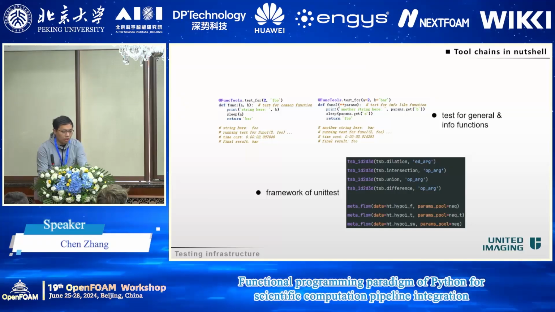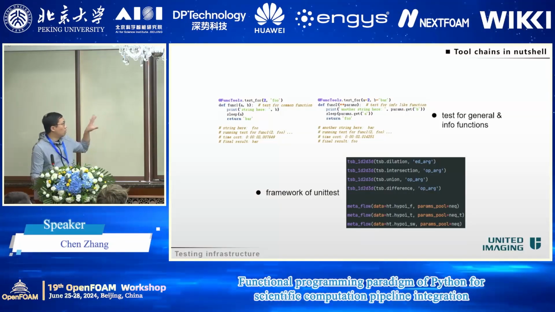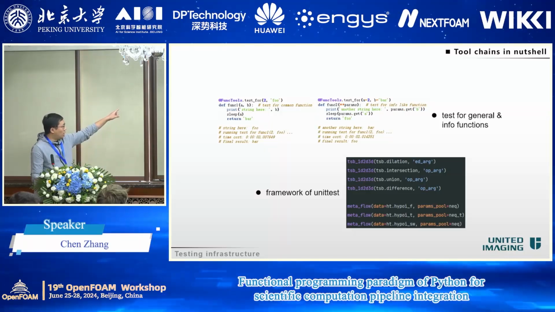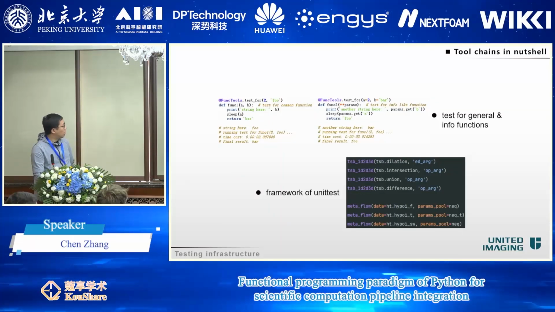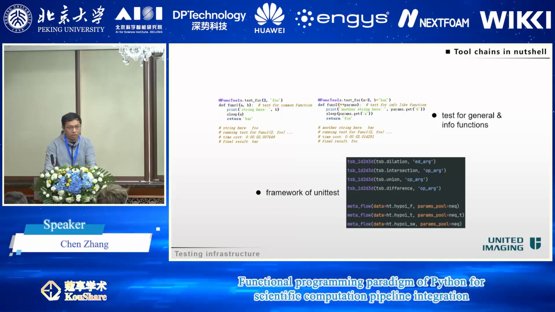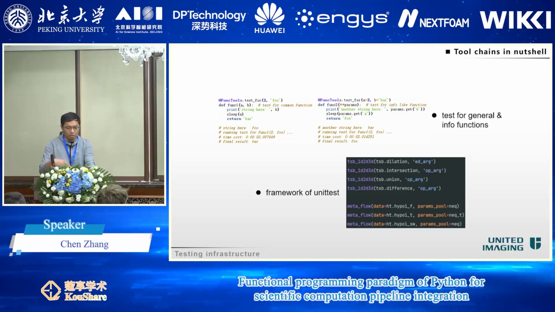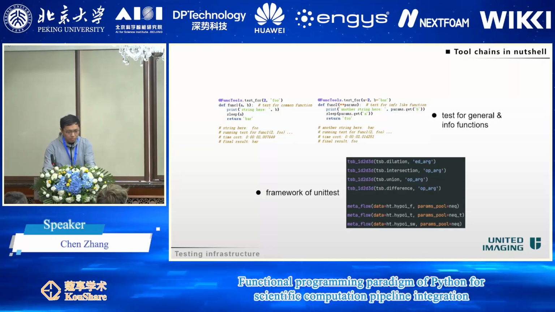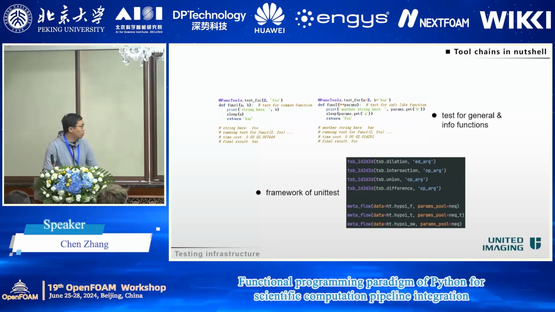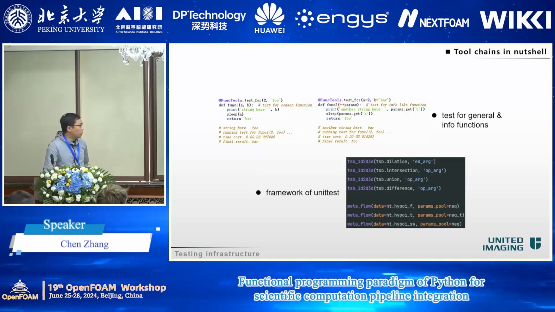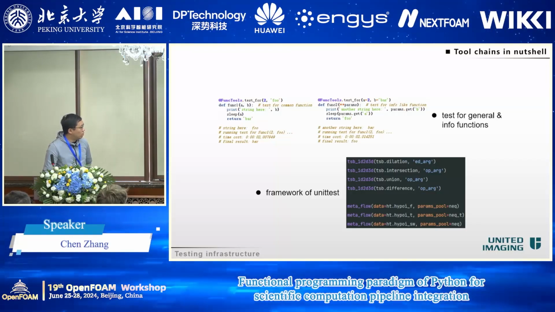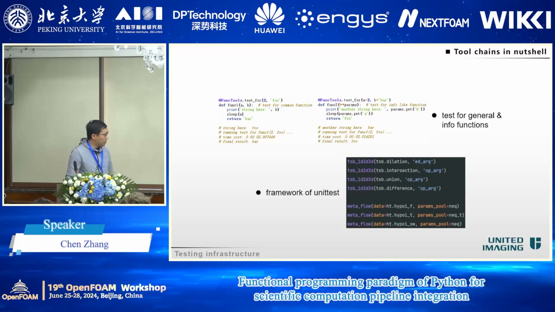With this framework, you can directly write your test case above the function. So it is very convenient during your development. And this also shows an example of a unit test for the implemented functions.